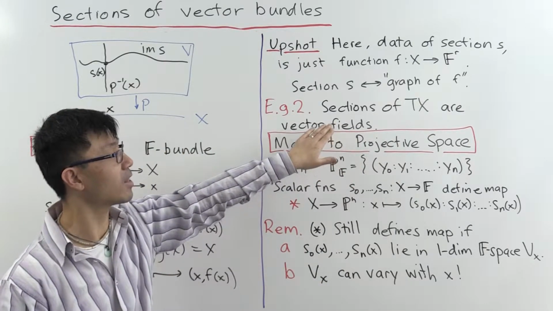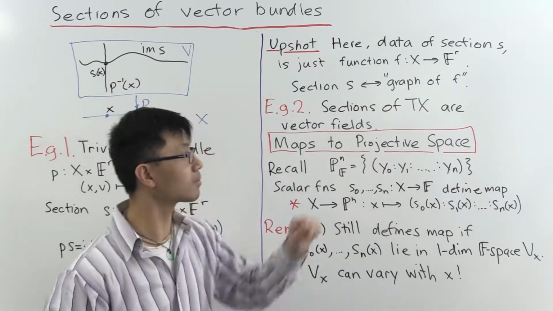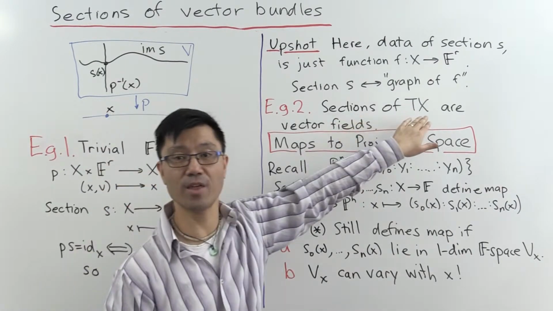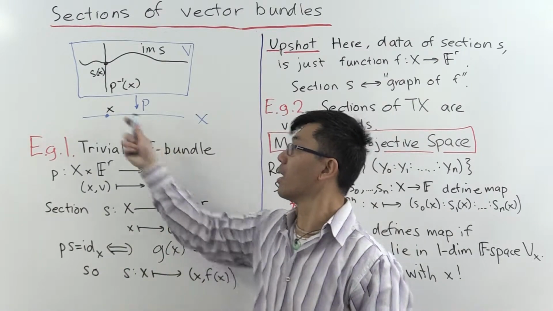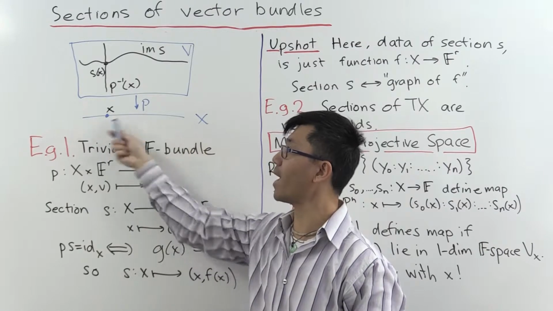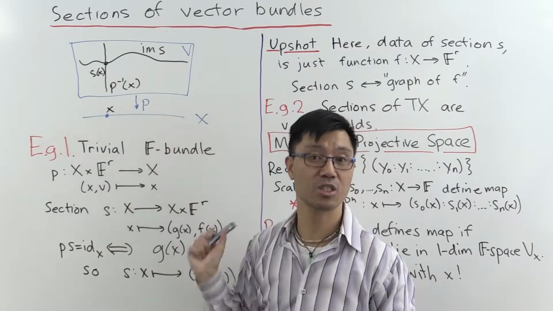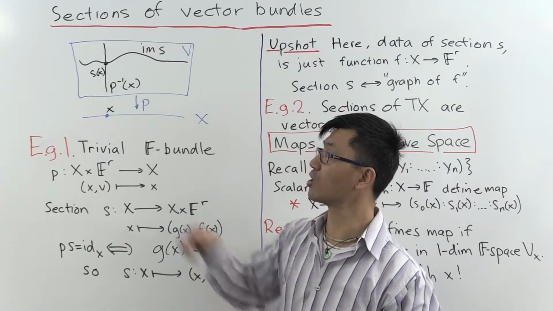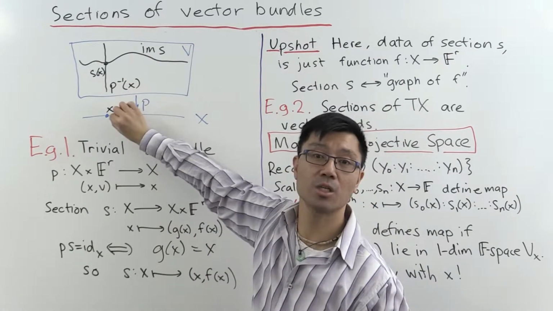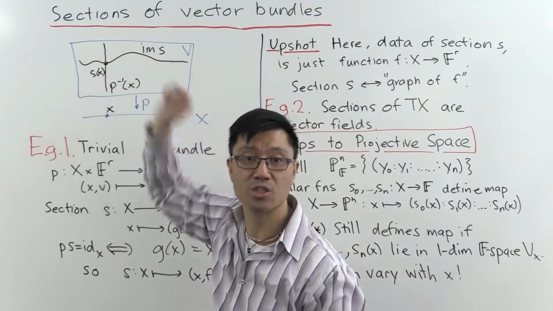This is one thing that I mentioned before. If you have a tangent bundle TX, what are the sections of it? Remember, in the case of the tangent bundle, you have some smooth manifold X, and the fibers above each of those points are basically the tangent spaces. So to give a section, to each point you need to give a point in the fiber, so a point in the tangent space.